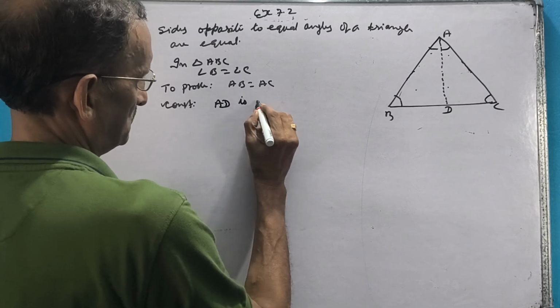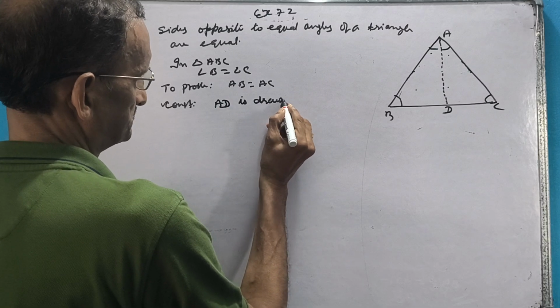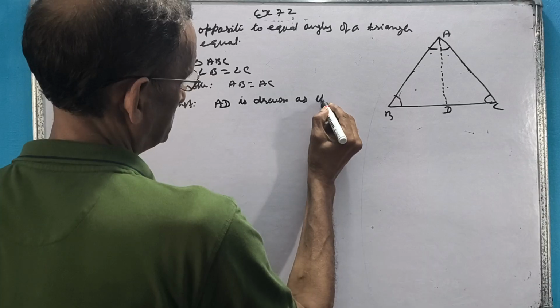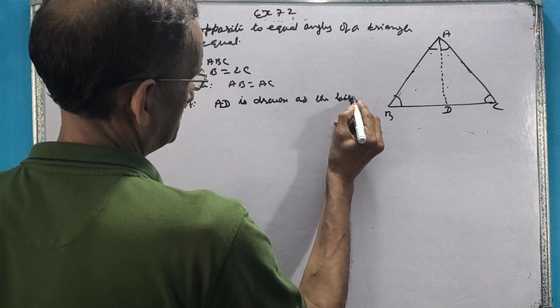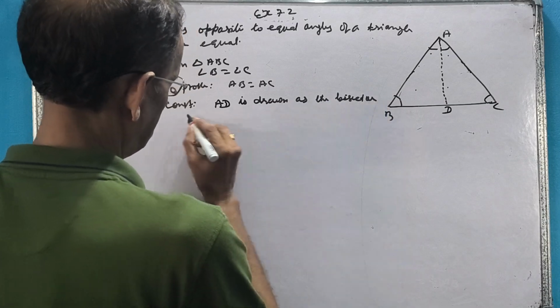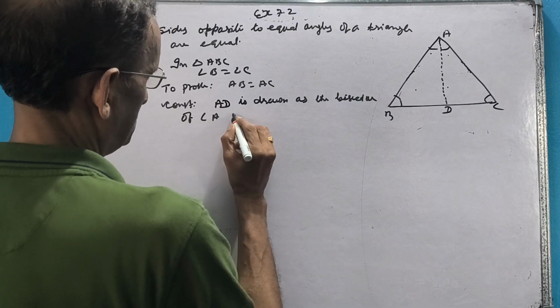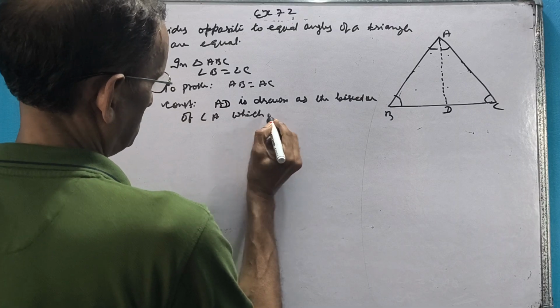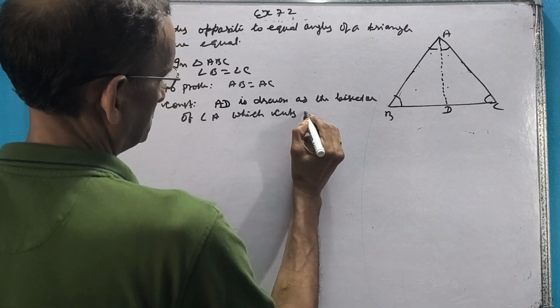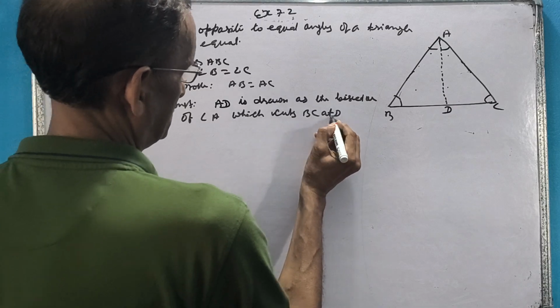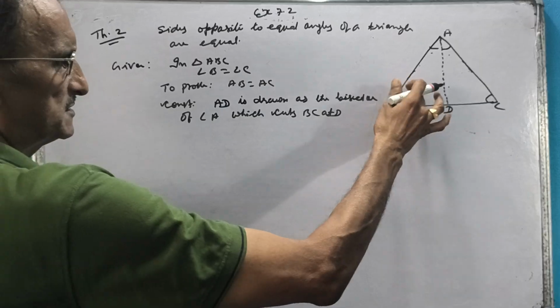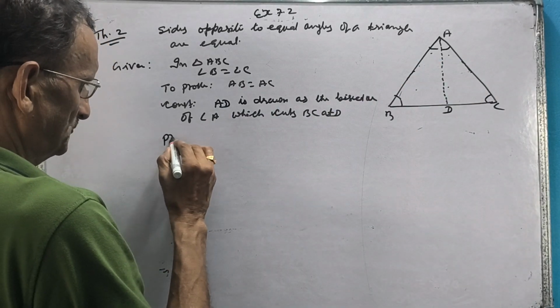AD is drawn as the bisector of angle A, which cuts BC at D. Now take two triangles, proof.